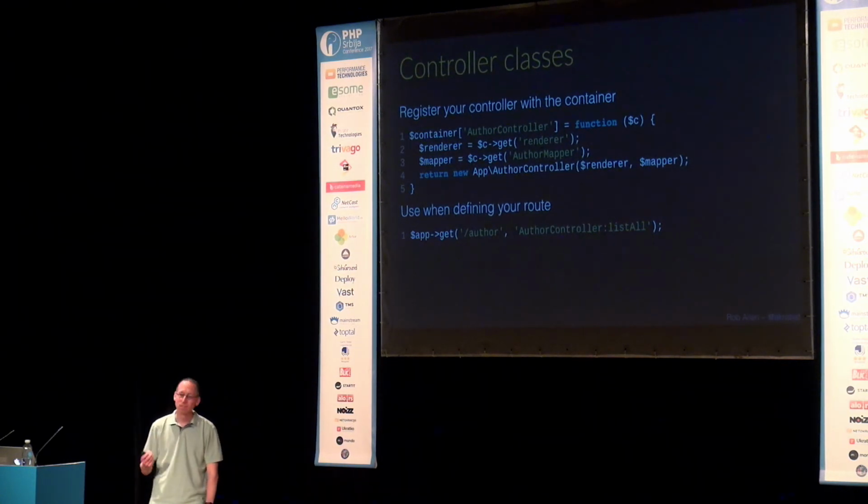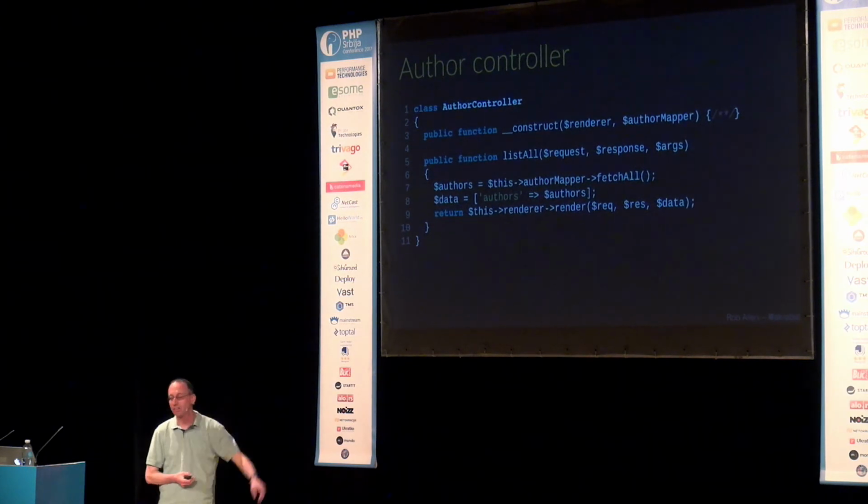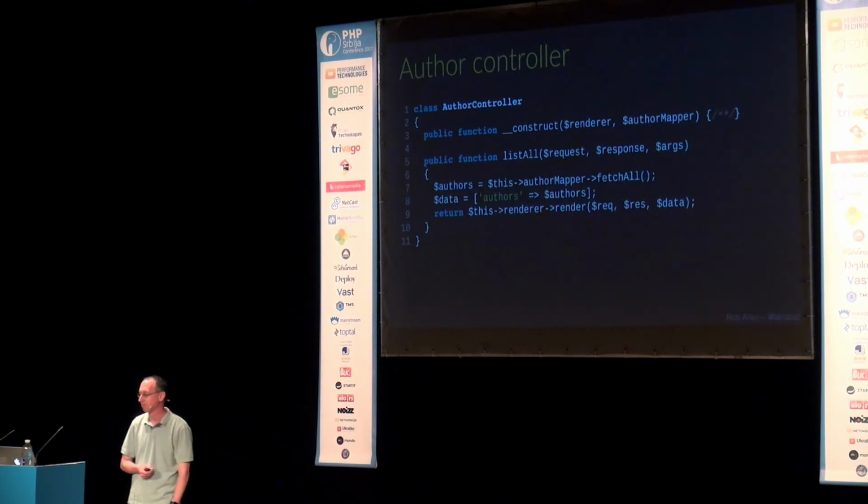Slim then calls the DI container to instantiate that controller if it needs it. If it doesn't need it, it won't get instantiated. Author controller is trivial to write. You'll notice the signature is exactly the same as what we have for the callables: request, response, arguments, and it must return a response.